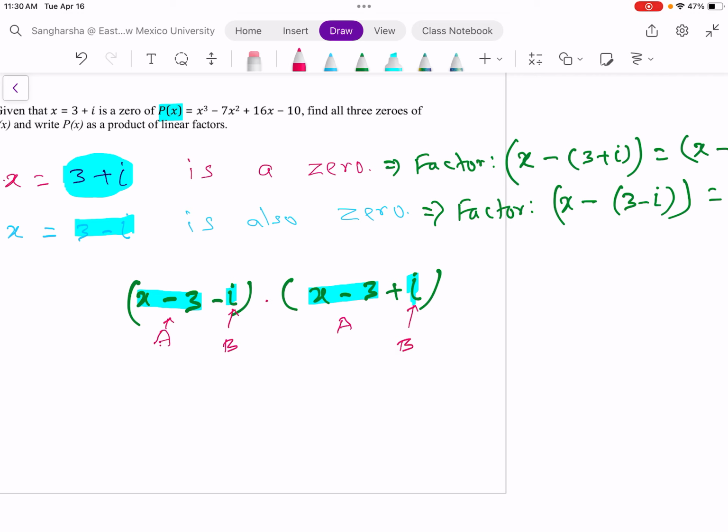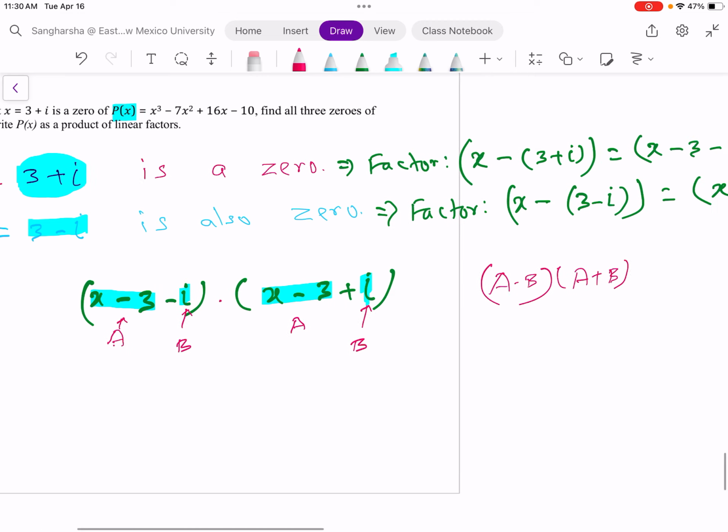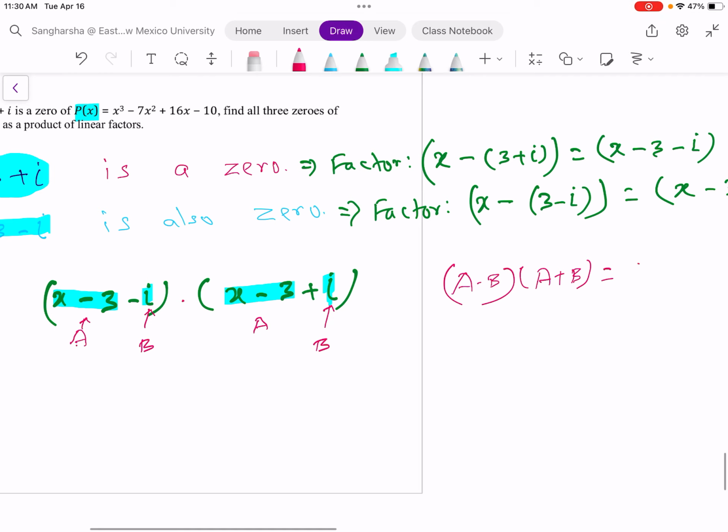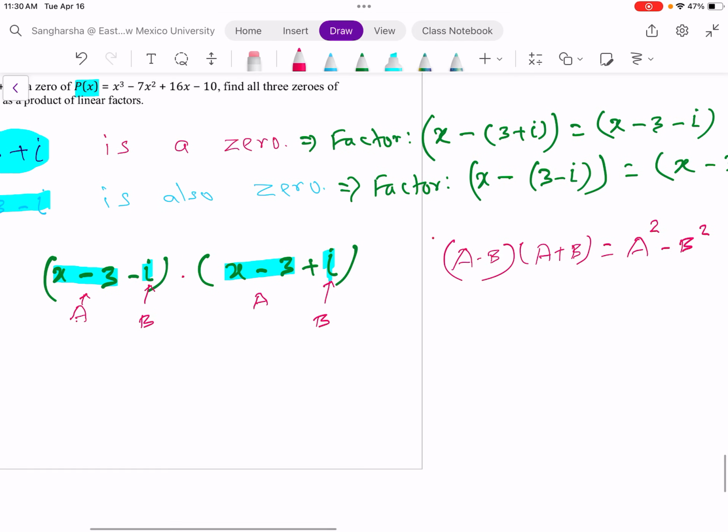And what is this equal to? When we multiply these two binomials, a minus b times a plus b, we get a squared minus b squared, okay? Or you can use FOIL here. Now let's use this concept, it will be easy for us.